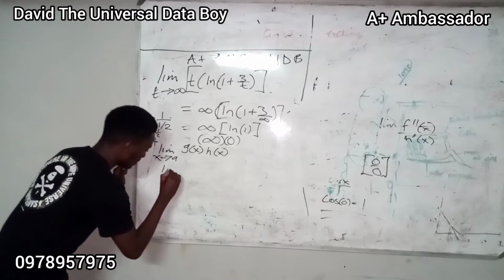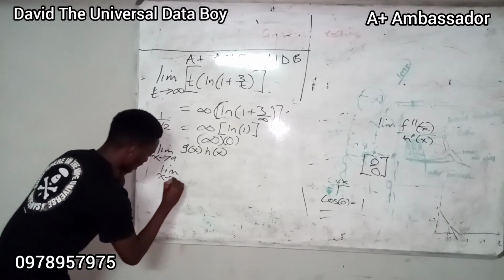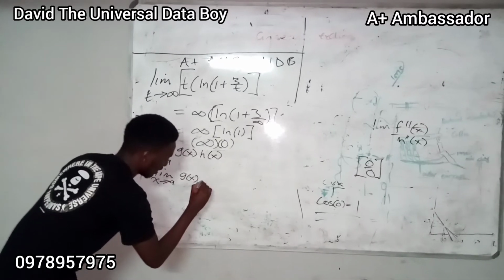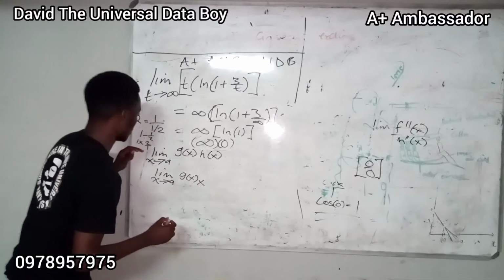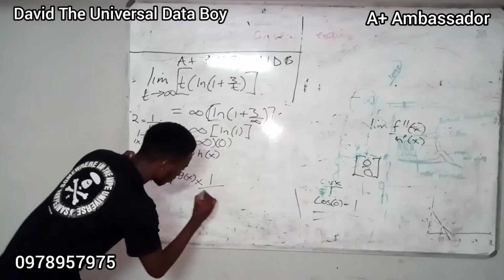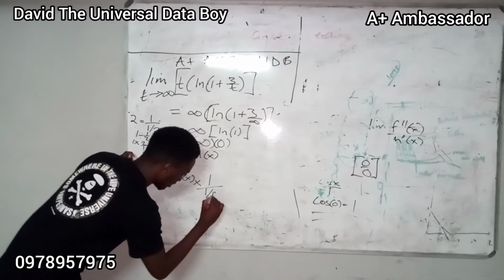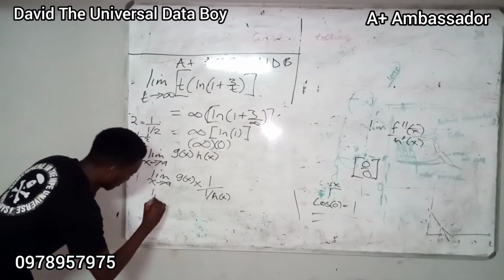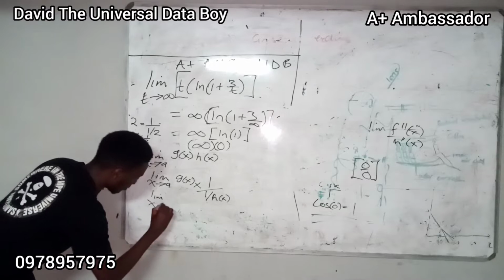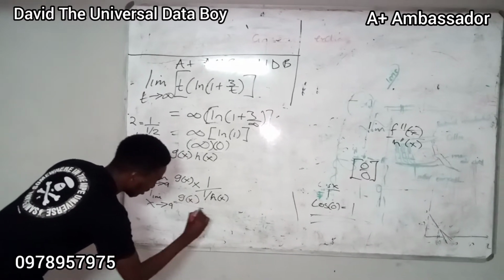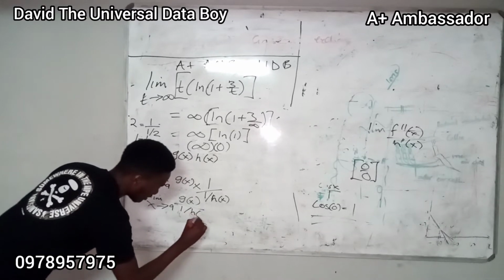We are going to say the limit as x approaches a of g of x times 1 over h of x.